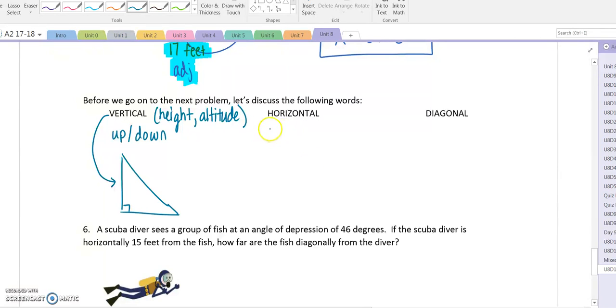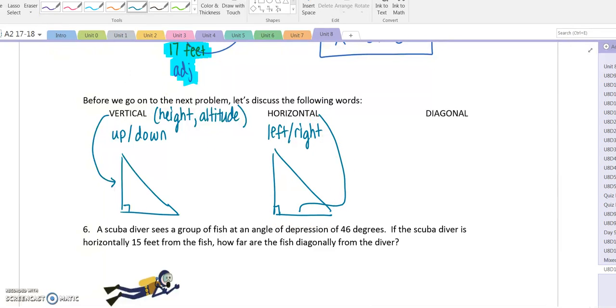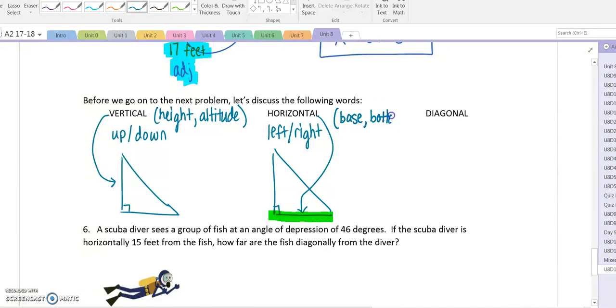Okay, horizontal should be left, right, that side that's moving left to right. So if we had a triangle again, horizontal would be this side right here. The key words to look for when it comes to horizontal, if it says anything about the base or the bottom, usually our triangles have the base or the bottom as our horizontal side.